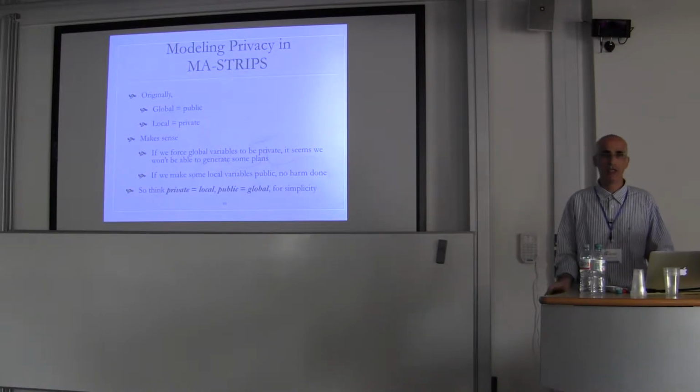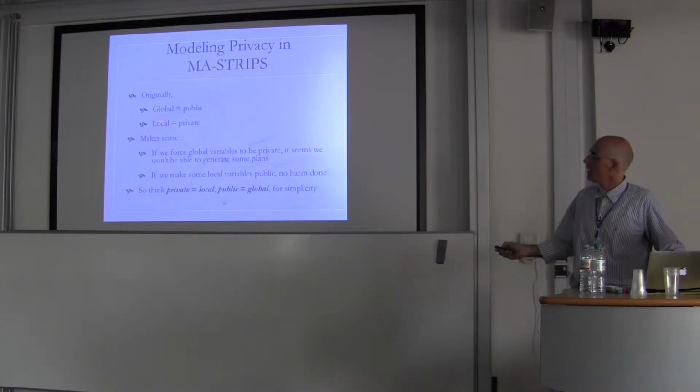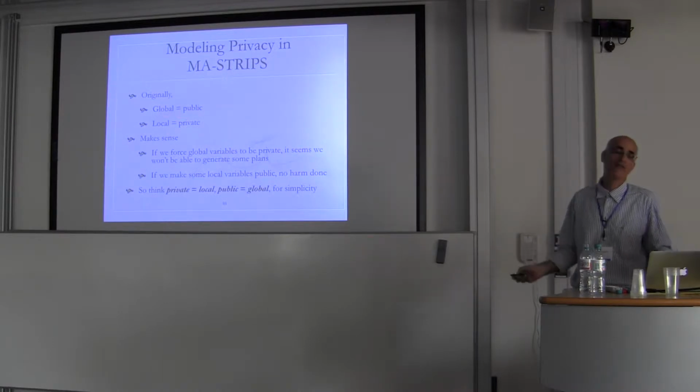It just makes everything easier. So it makes sense to assume that all the global are public and all the local are private. And if you want to make some local public, fine, you can make them public. It makes things easier. But this is like a baseline, because you cannot make something global to be private without giving you some problems in finding plans in certain cases.